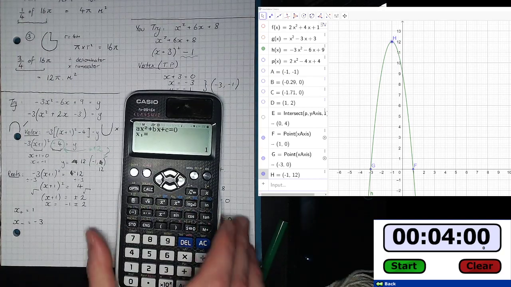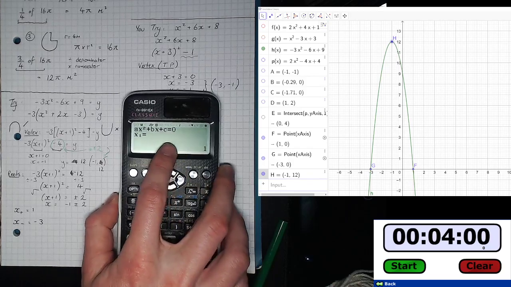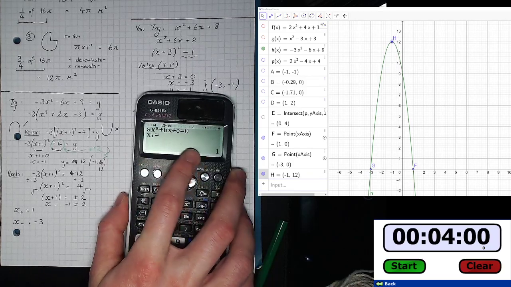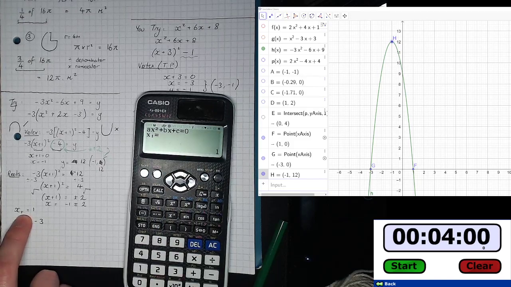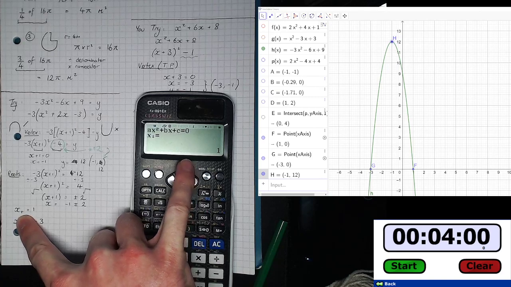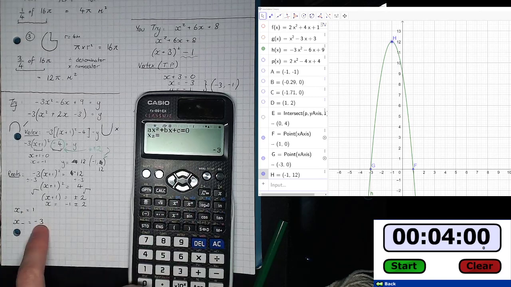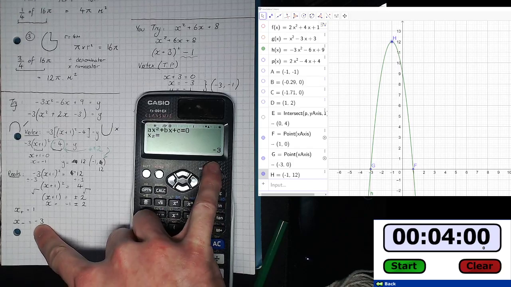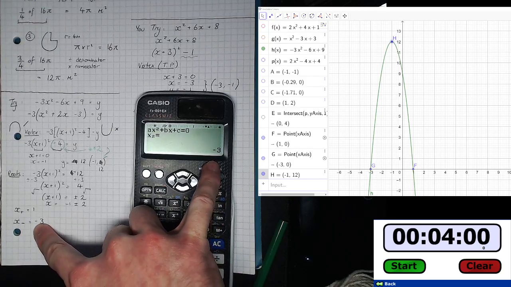We're going to hit equals. And what it's going to show us on the display, first of all, are our roots. So we've got a root when x is equal to 1, which is what we had before. We have a root when x is equal to -3, which is what we had before.